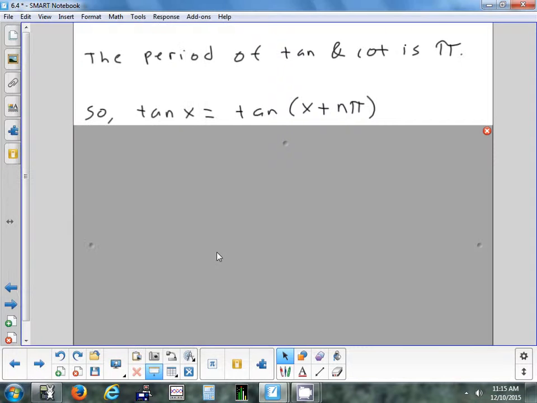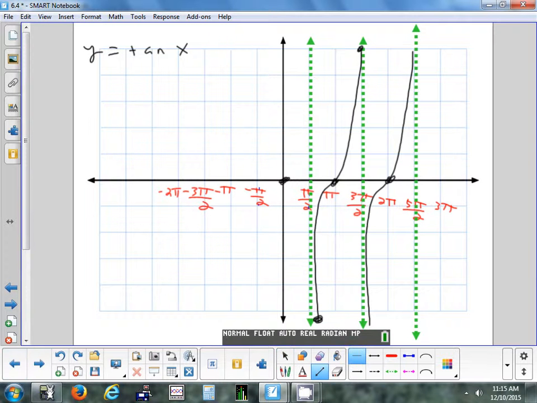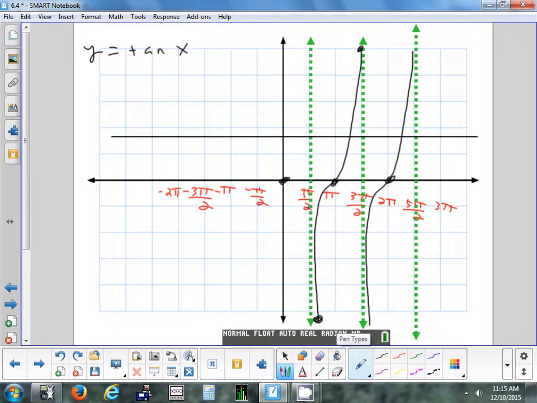So basically, imagine putting a horizontal line in here, and pretend like this is 5. I know it's not quite 5, but pretend that that's 5. That same answer is going to repeat itself pi units later, and the next answer is going to repeat itself another pi units. Or if I wanted to find the answer before it, I could subtract pi.